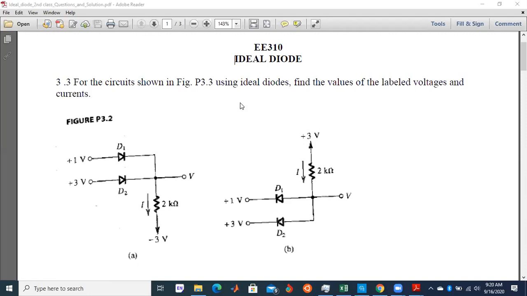When you want to solve this circuit, the acceptable rule is: for the OR gate, you look for the higher potential, and the diode attached to it will be on.